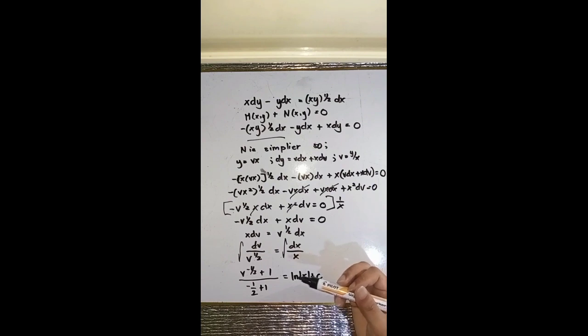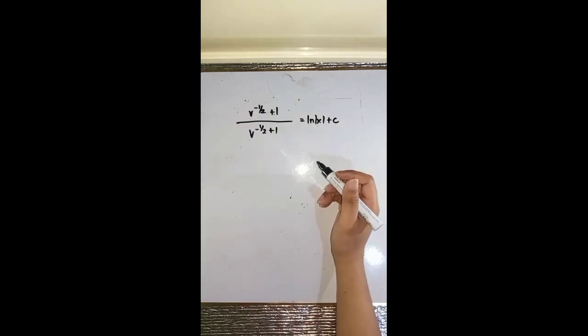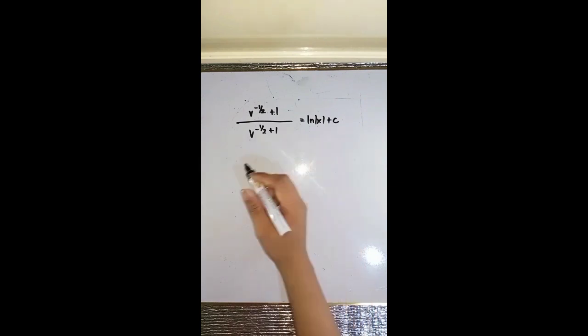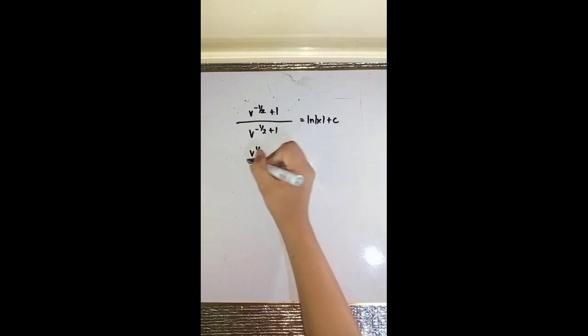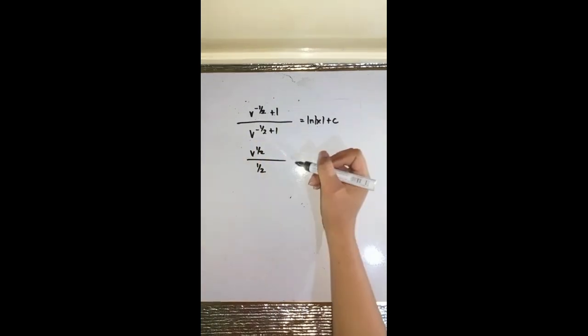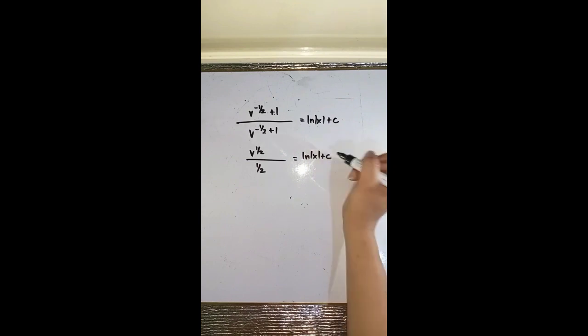So now that we've established this, we're going to simplify in order to get our exact answer. So v^(-1/2 + 1) over (-1/2 + 1) will become v^(1/2) over 1/2 equals ln x plus the arbitrary constant c.